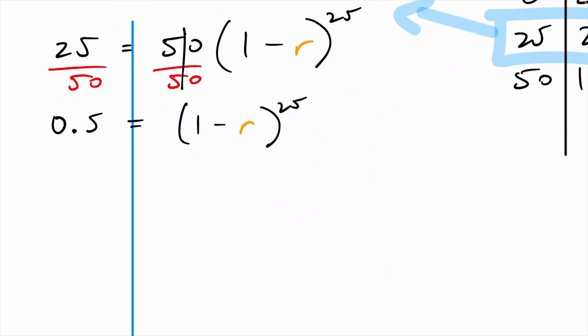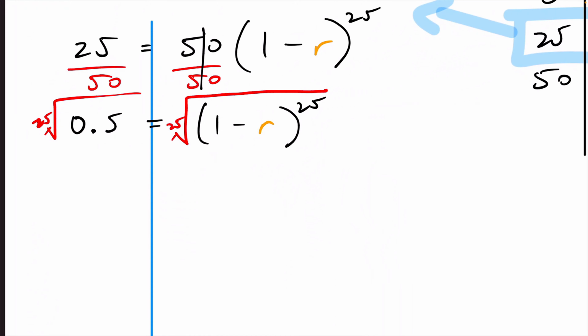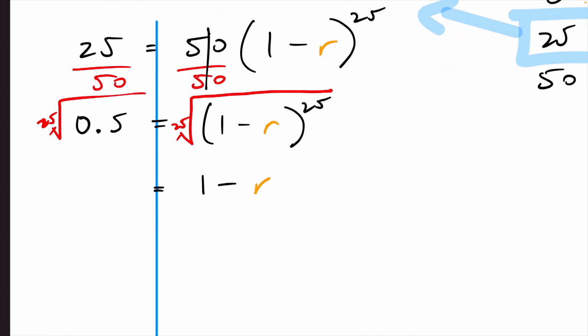Get rid of the power. How do I get rid of the power? The root has to match the power. If they don't match, they don't cancel out. So we get 25 and 25. If they match, I could get rid of the root or the power. What is the 25th root of 0.5? It's going to be a long decimal again. So let's go back to the calculator, and what do you get?